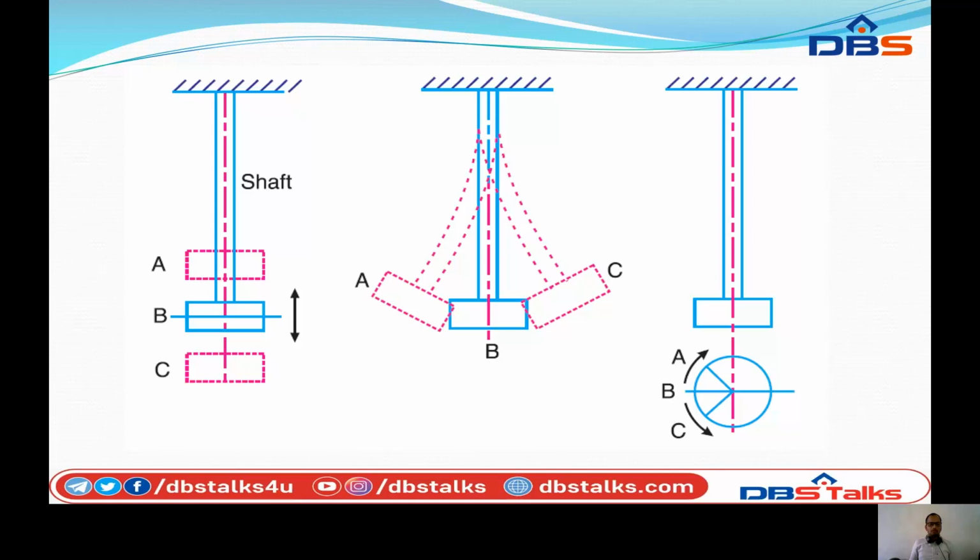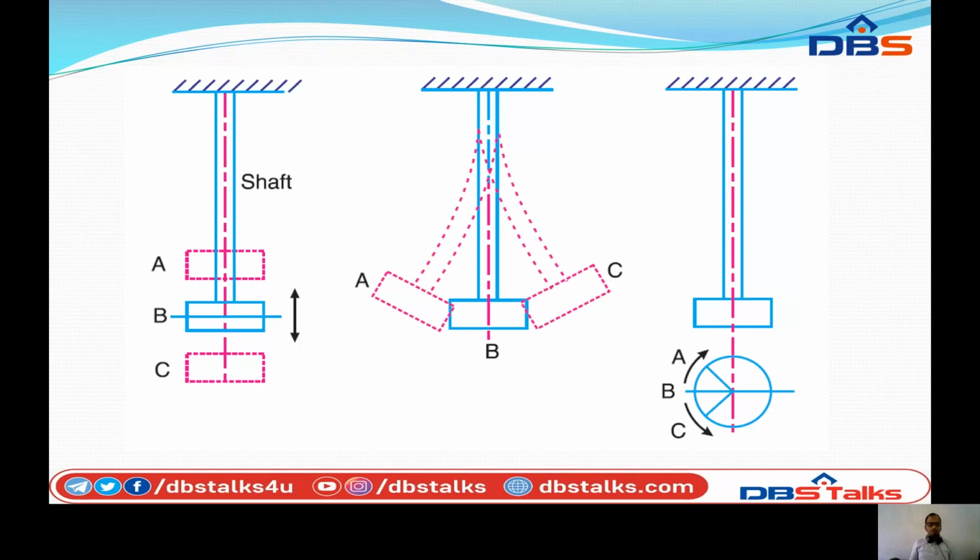In the first diagram, the upper end of the shaft is fixed and the other end is carrying a weight, maybe a disc or some weight attached to the shaft at the other end. In the diagram, this system may execute the three types of vibrations.